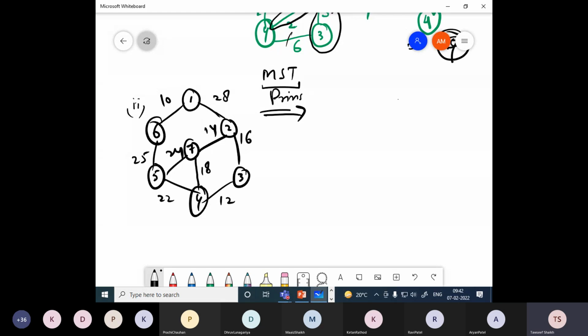That edge in the present graph is between the vertices 1 and 6, and the cost of that edge is 10. This will become the first minimum edge from the graph. Now, we have to take the second minimum edge from this graph. And which one is the second?